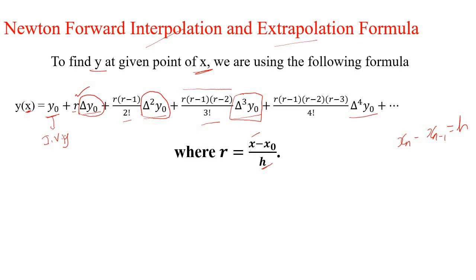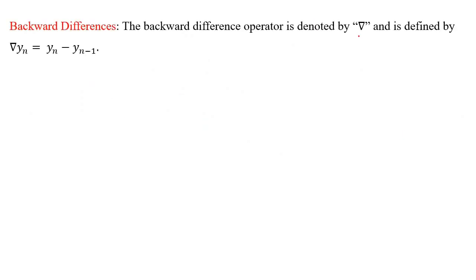Now similar to this, I'm going to define backward difference. This is the notation for a backward difference operator. We call this one del, D-E-L, the reverse notation of delta. It is defined by del yn is equal to yn minus yn minus 1.